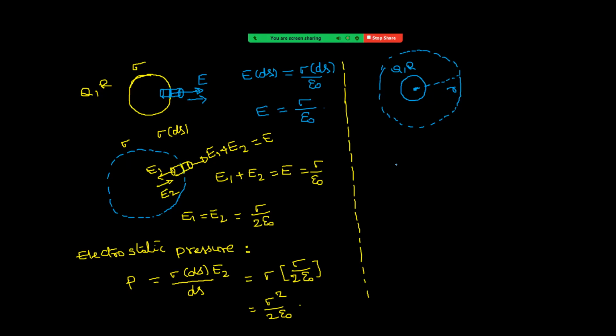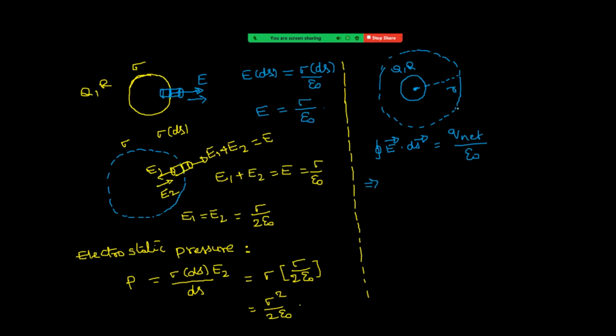Now taking Gauss law, the closed integral of E bar dot ds bar is equal to the net charge inside the Gaussian surface upon epsilon naught.